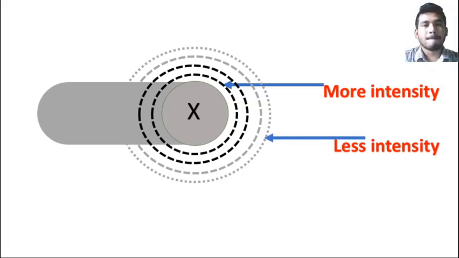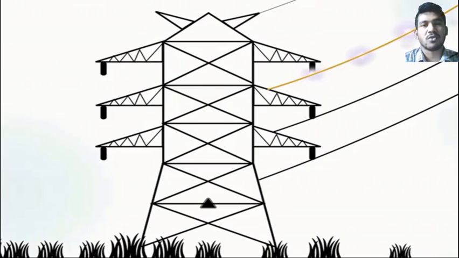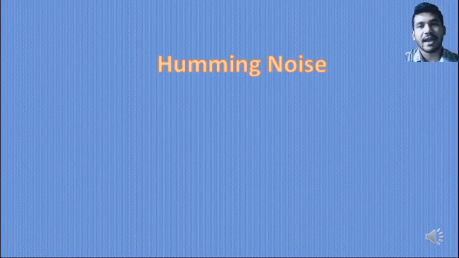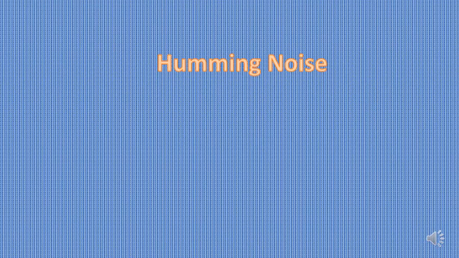The intensity is more at the surface and less at the outer surface. So the air near the surface will become more ionized. So the electric intensity is high enough, and because of the breakdown of air, the faint violet glow will appear. We can see in this slide, and we can hear the humming noise at the same time.